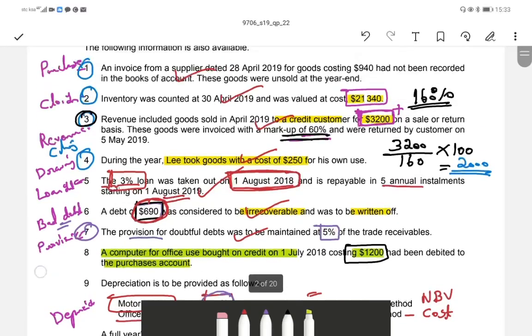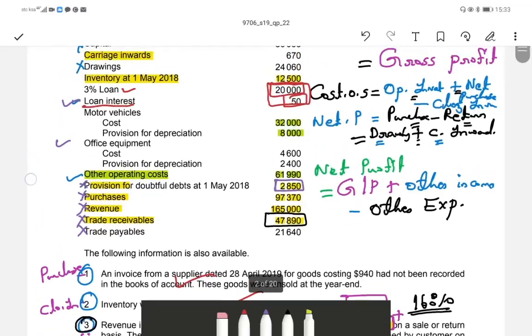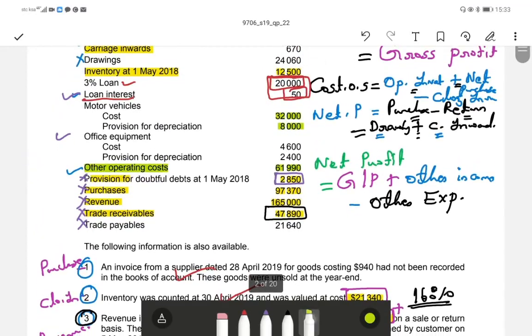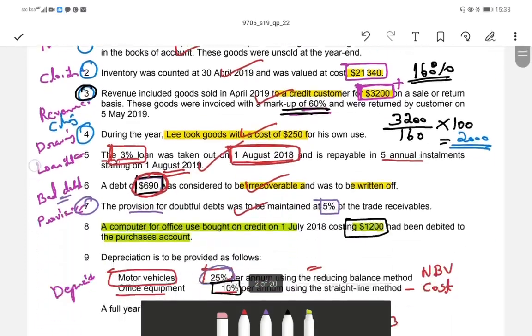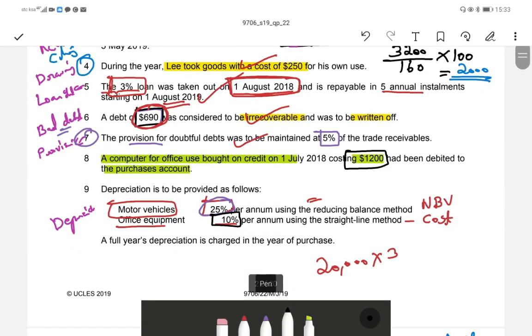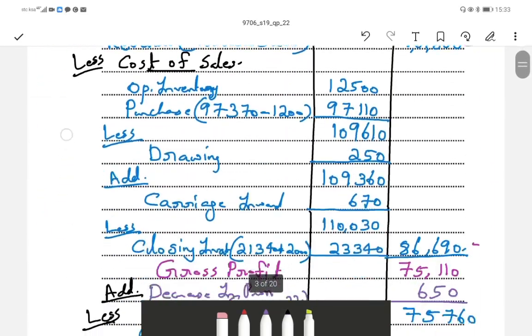So what was the office equipment before? The office equipment cost is 4,600. 4,600 plus we have to add 1,200. So it will become 5,800.